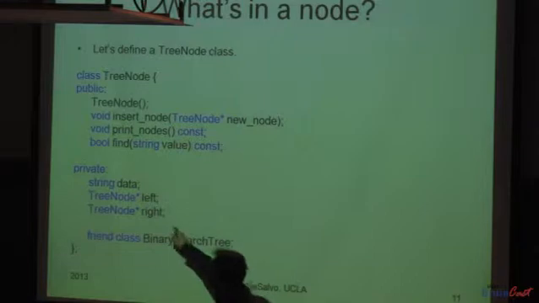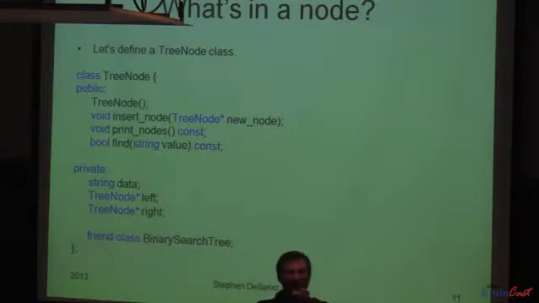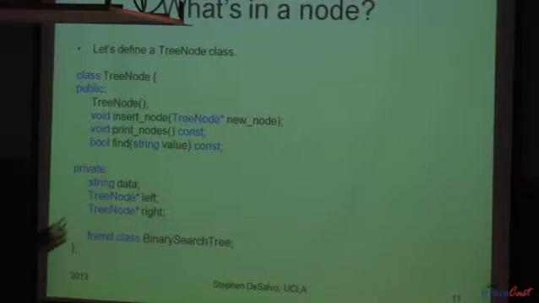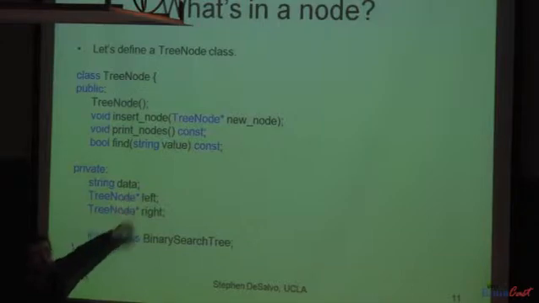And the right pointer might actually be null, right? If you don't have any right children, you may not have any pointers going that way. So in general, you have a left and a right pointer, and then you have this string data, something you're storing in the node, whether it's an int or a string or a double. It doesn't really matter. It's the same idea.